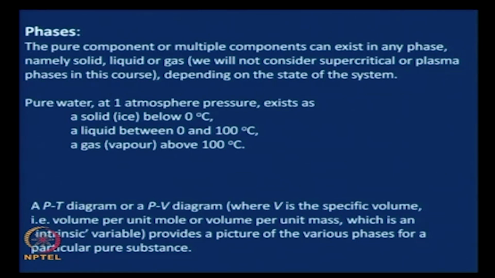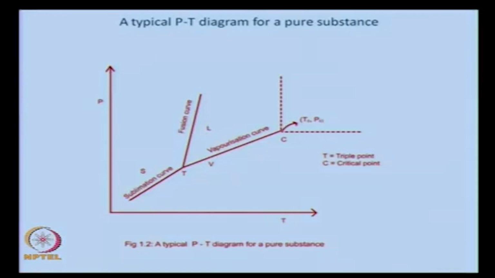Let us look at a typical PT diagram first. This is a typical PT diagram for a pure substance, P on the y axis and T on the x axis.